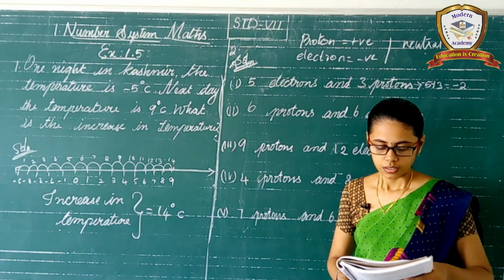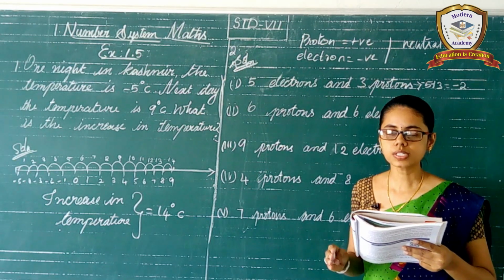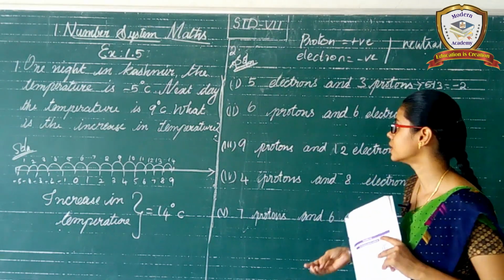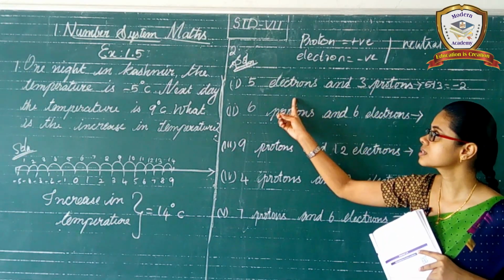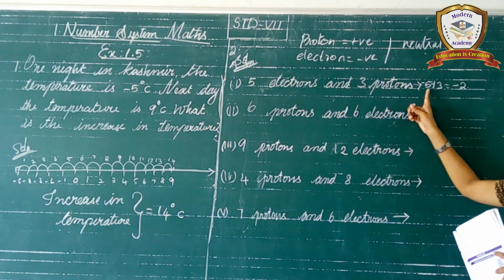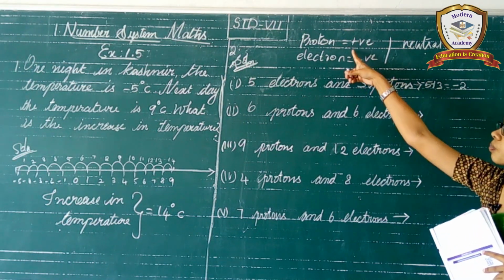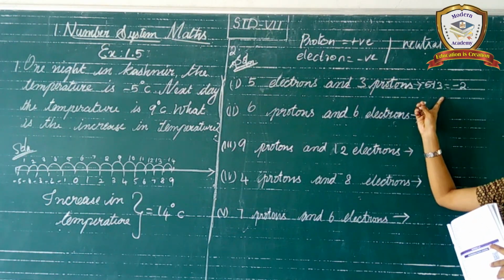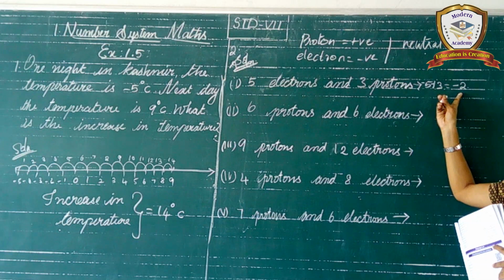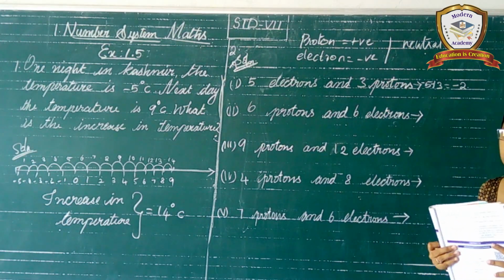See, the 5 questions are there. First one: 5 electrons and 3 protons. Electrons mean negative charge, so -5, right? And protons mean positive, so +3. So we have to subtract, which means -2 electrons. -2 is the electron. Okay, so same as the previous sums.